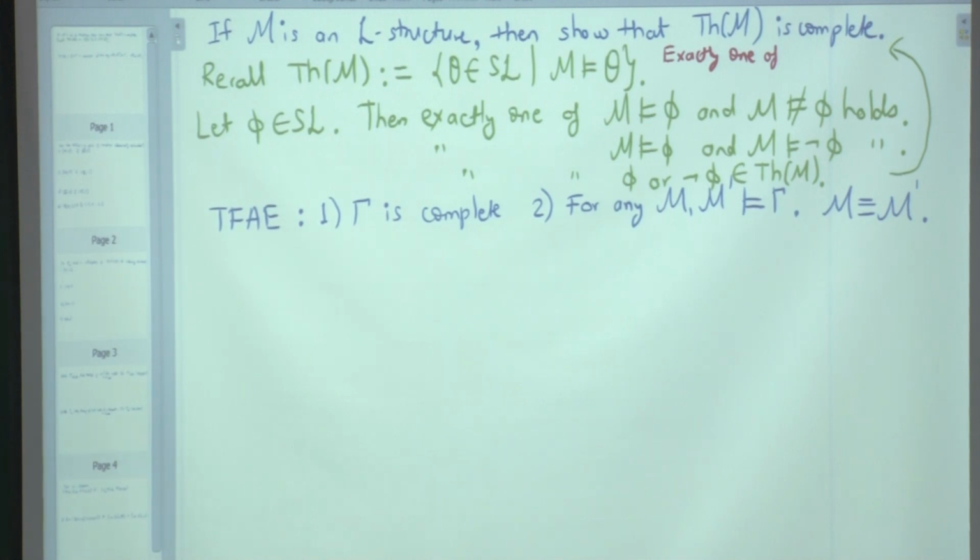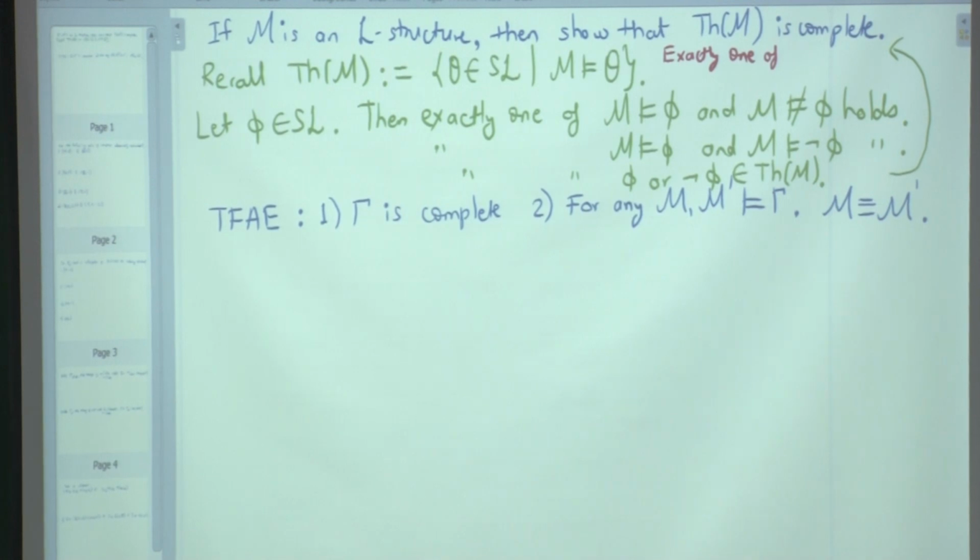Why does phi belong to the theory of M if and only if it's a logical consequence? Because it's deductively closed. If you remember the proof of the completeness theorem, we proved claim 1.